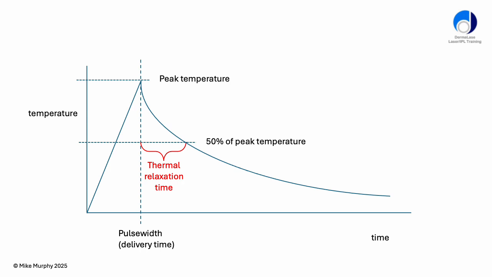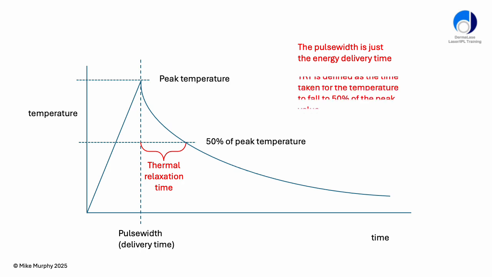You could define it in other ways if you liked, but this is the standard definition we use for photothermal treatments in the skin. So the two times to consider here are the pulse width, which is how long it takes to deliver the light energy, and then the relaxation time, which is the time taken for the temperature to drop from its maximum to 50% of that value.